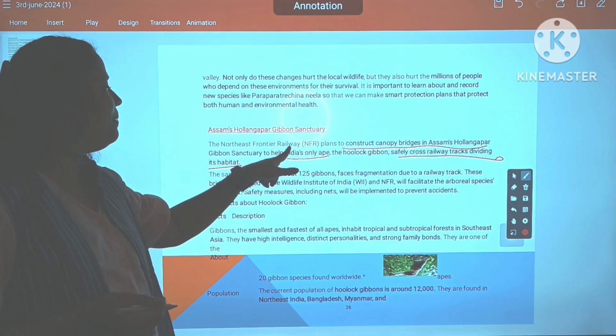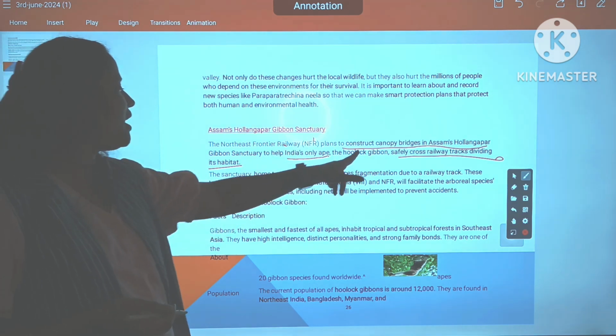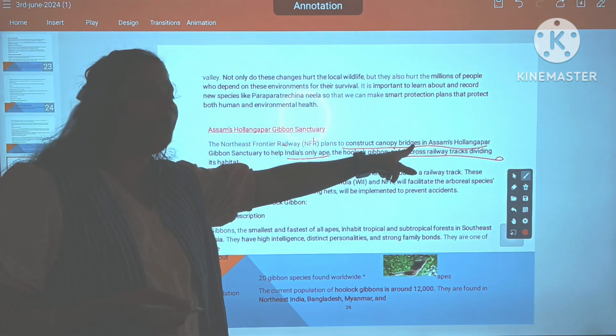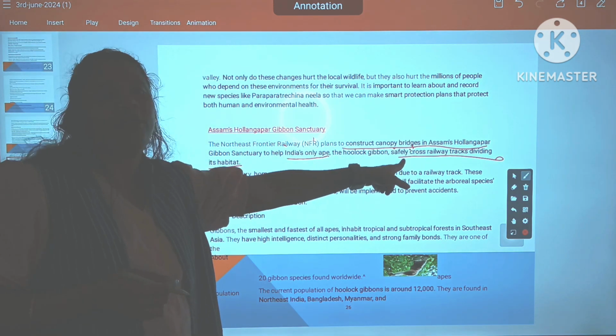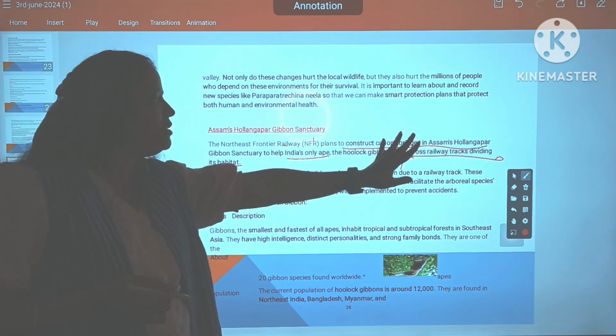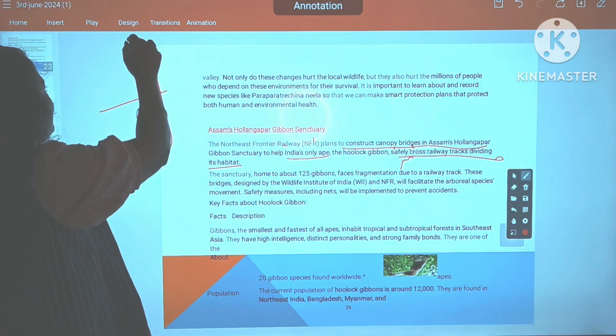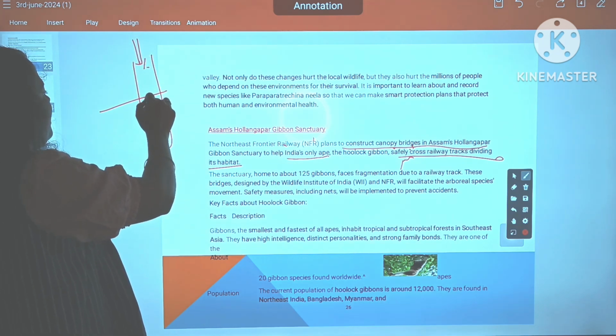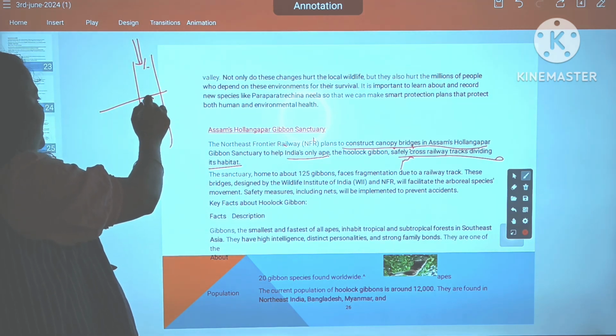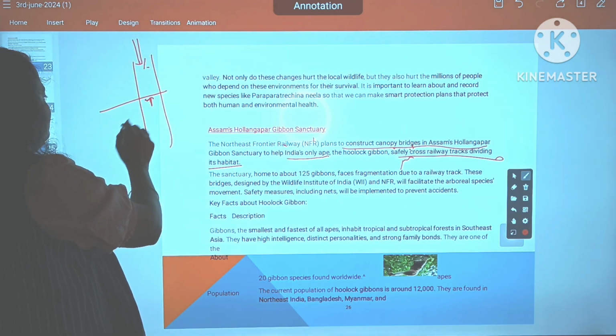A canopy bridge was built to save gibbons from accidents, so that they can cross the track. Suppose a monkey is crossing the road and a car comes, it can get into an accident. So to save them, a separate bridge was built.